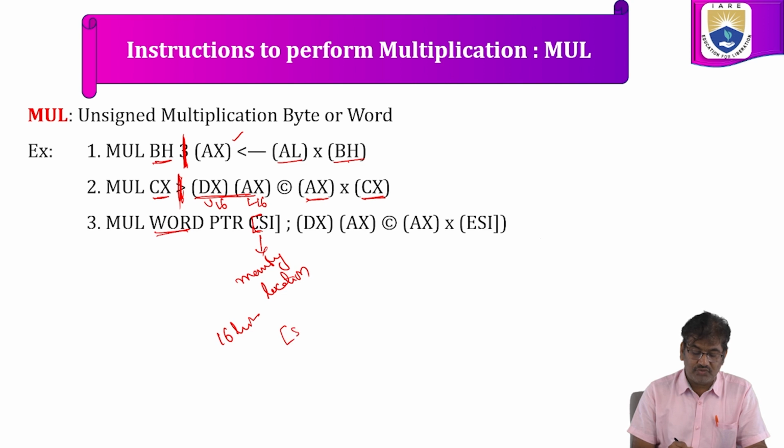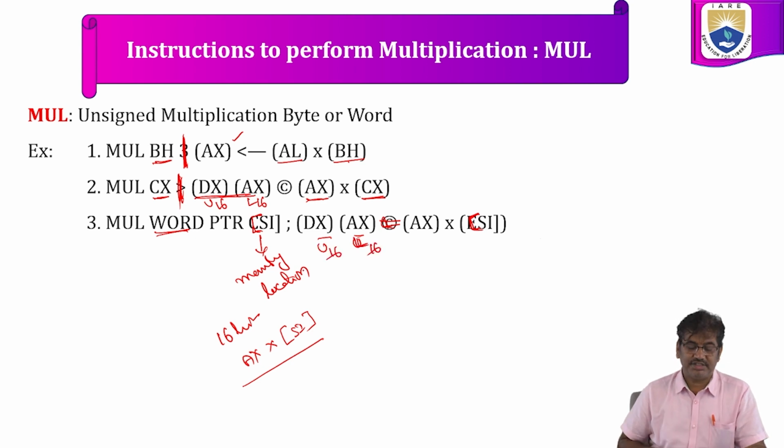The contents of the memory location pointed by SI will be multiplied with AX and the result we can see in the DX:AX register pair. So one of the operands is the memory location addressed by the SI register, the second operand is in the AX register, and the result we can see in DX:AX: the lower 16 bits in the AX register, the upper 16 bits in the DX register.